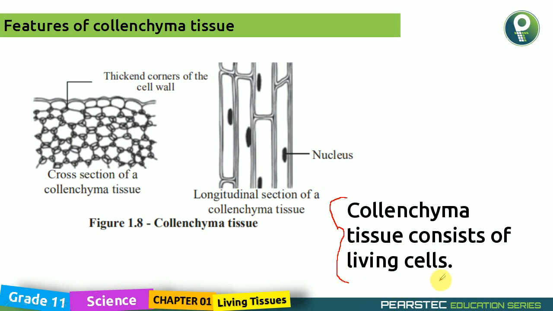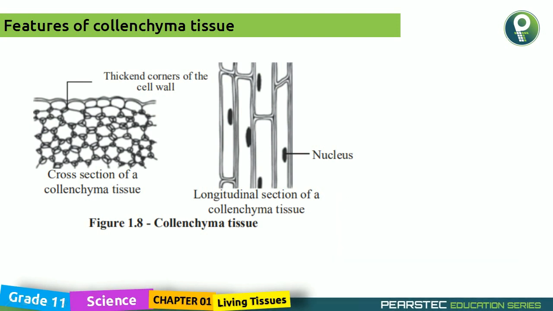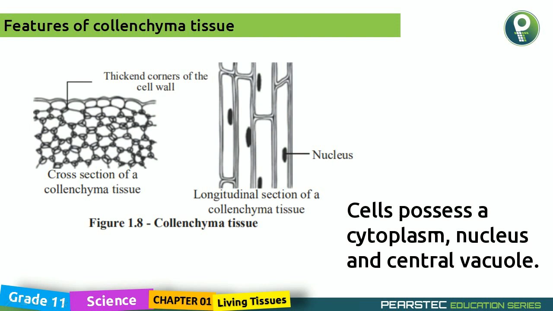Number 2: cells possess a cytoplasm, a nucleus and a central vacuole.